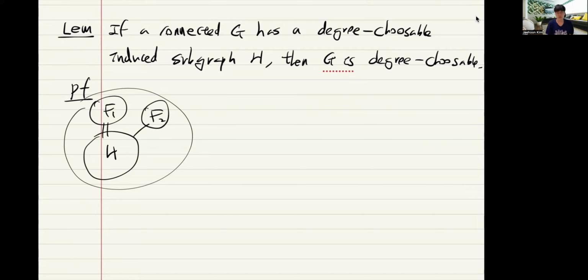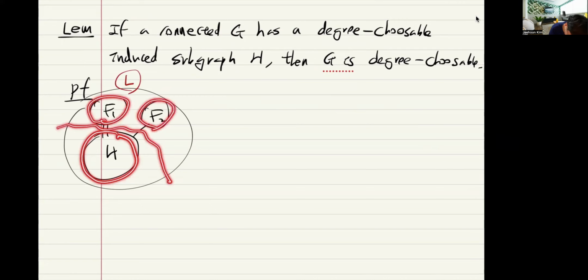So G is connected, and you are given the list L. Now you delete H, and then you see these components. For each component, there is at least one vertex sending an edge to H. And L satisfies that the size of L of v is at least the degree of v for all v.